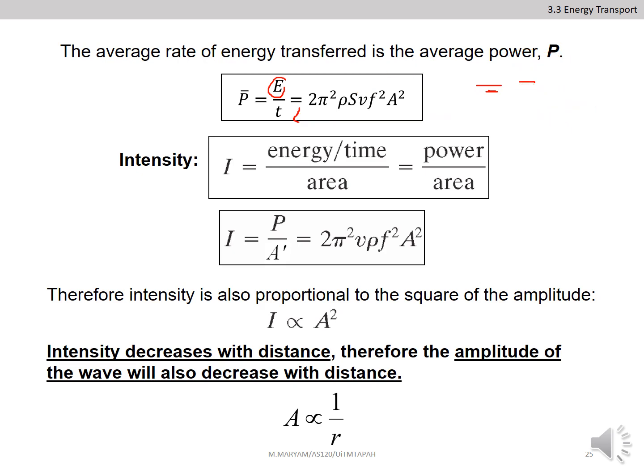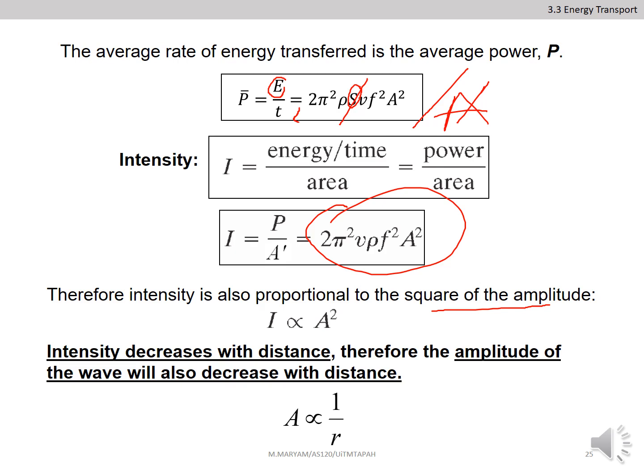So we just took this equation here, and I just focus on the A. All the power here is just divided by the area, A prime. The area here, as I showed earlier, is represented by S. So we can cancel out A prime and S. That is why we got this equation for intensity.